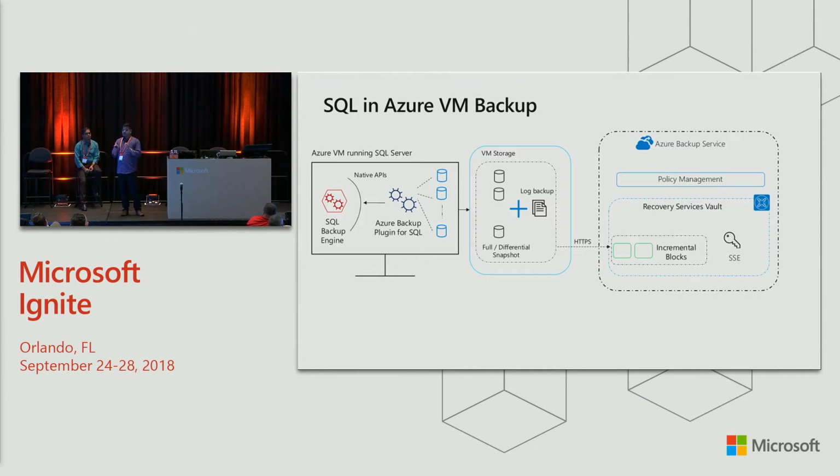Also the fact that we've enabled encryption on the recovery services vault, which is called storage service encryption or SSE. What this does is to keep an encrypted copy of your backups. So this way your backups are safe, encrypted, when they are at rest, and also in transit because they're going via the HTTPS secure protocol. So that's SQL and virtual machine backup.